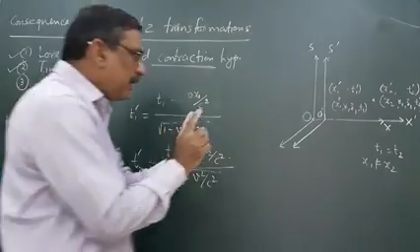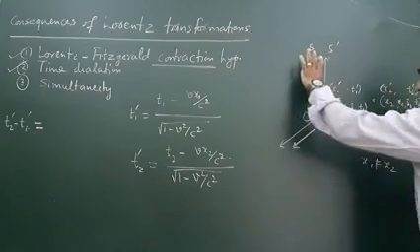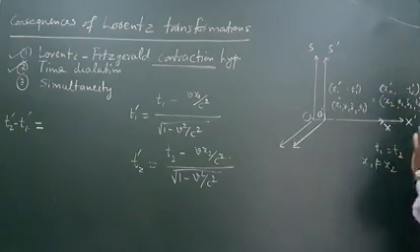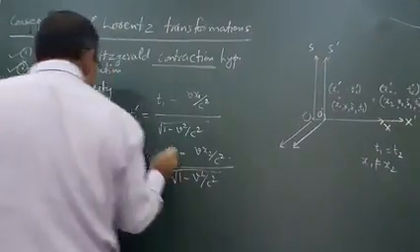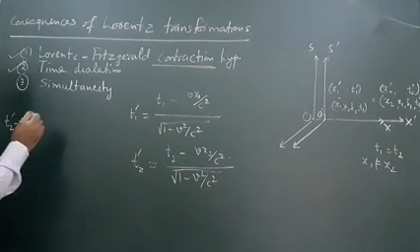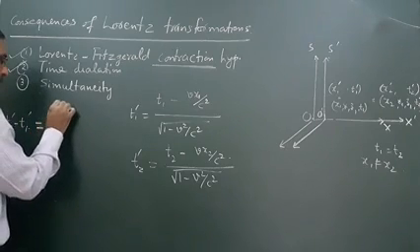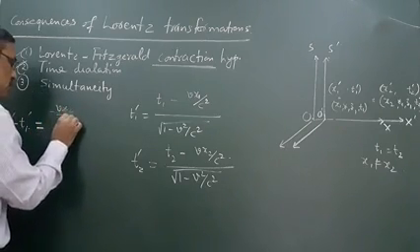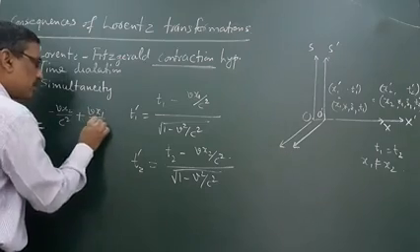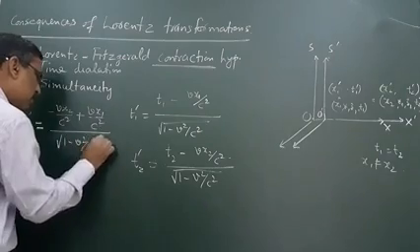since the events at these points are observed by the observer situated in the first frame at the same time, t1 and t2 are equal, therefore the difference of t1 and t2 is 0, and we are taking t2 minus Vx2 upon C square, and minus of this is plus Vx1 upon C square, upon under root 1 minus V square upon C square.